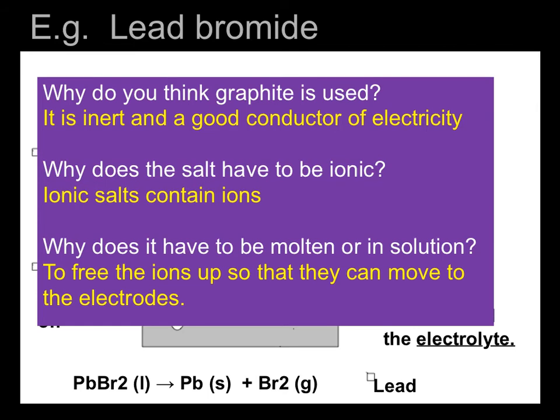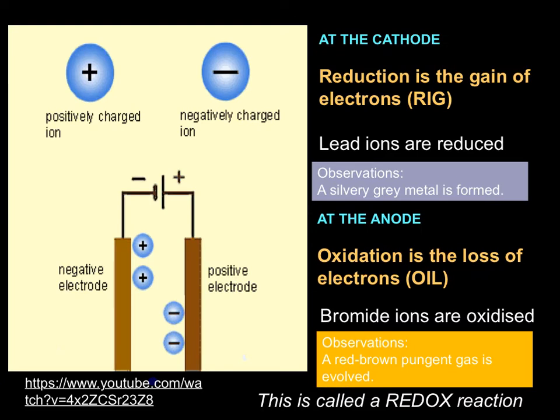Now, we're going to go on down the first question page and we're going to consider, first of all, what happens at the cathode. And remember, the cathode is the negative electrode. Now, I'd like you to highlight that the positive lead ions are attracted to the negative cathode.